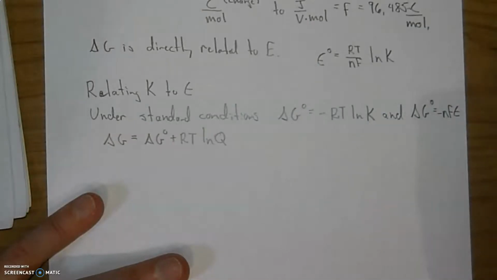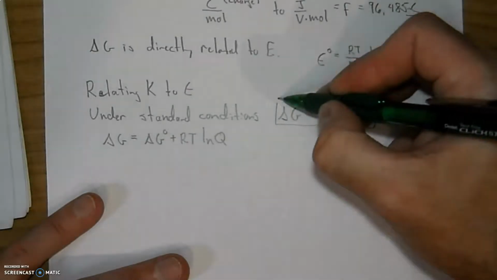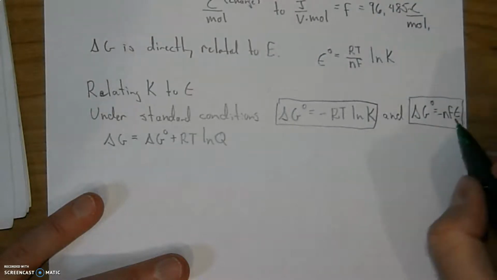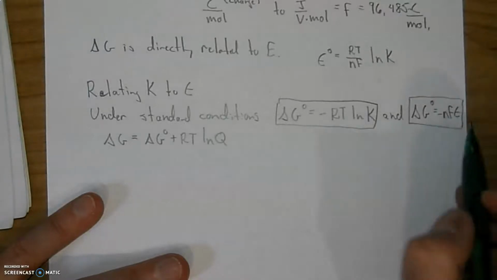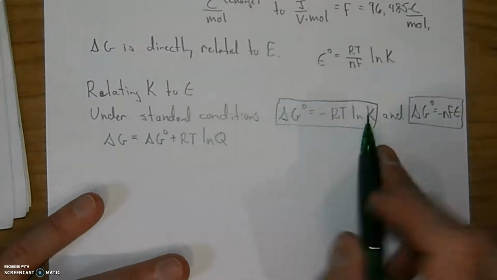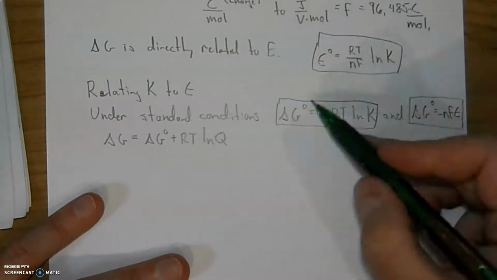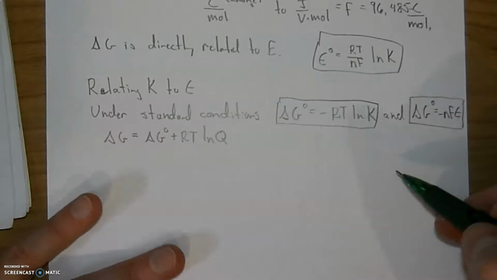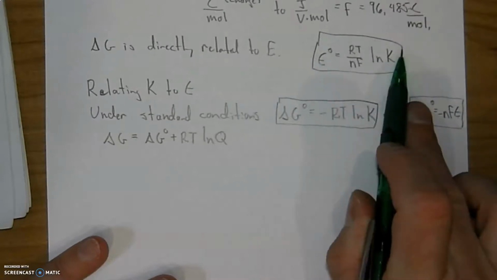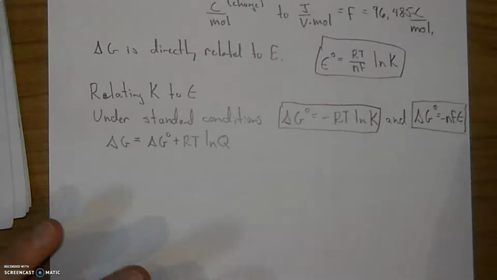So now we have three different comparison equations that we could use depending upon the information that was given to us. If I had delta G and I wanted to relate over to E, I could do that. If I had delta G and I want to relate it over to K, I can do that. And if I wanted to relate E over to K, I could do that as well. So all three of these equations can be manipulated around to find the other variable between E, K, and delta G, depending upon which information was given to you.